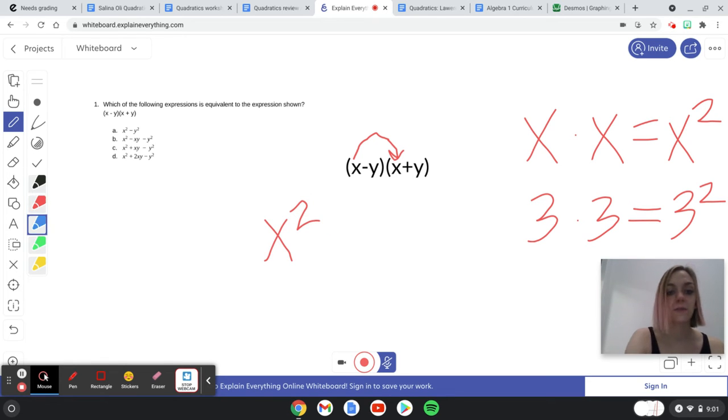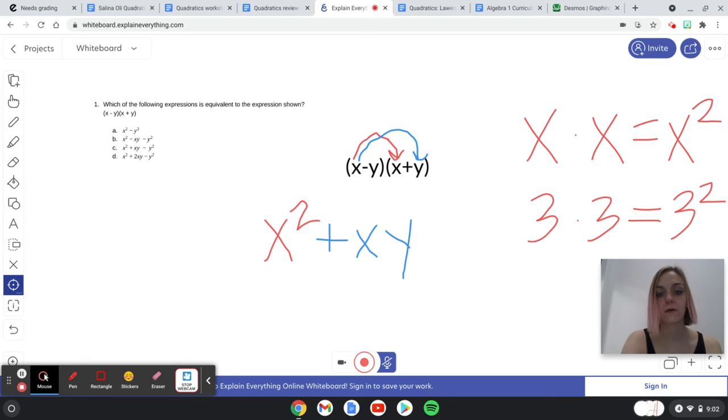Now I need to multiply x times the second term in my second set of parentheses, which is y. So I have positive x times positive y. Now, if we're multiplying variables, we can just leave them as variables. So just leave them as xy. Now I'm going to look at this negative y in the first parentheses.